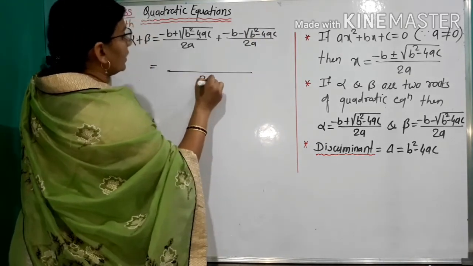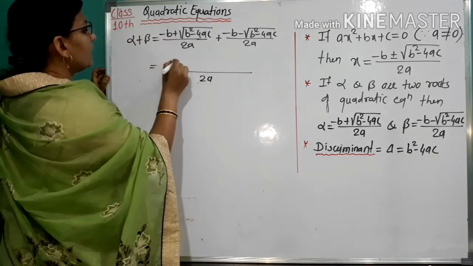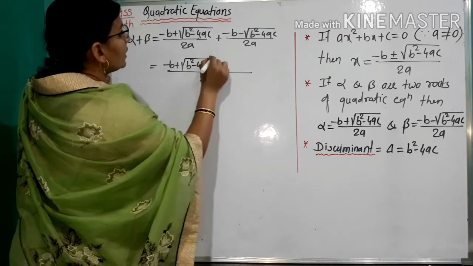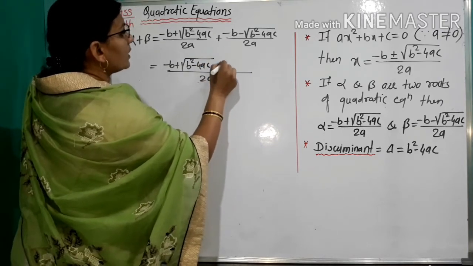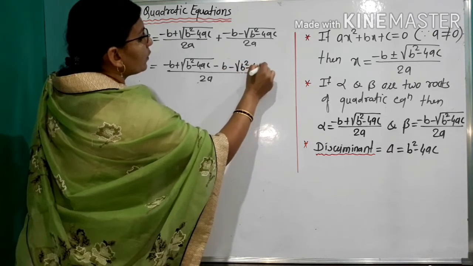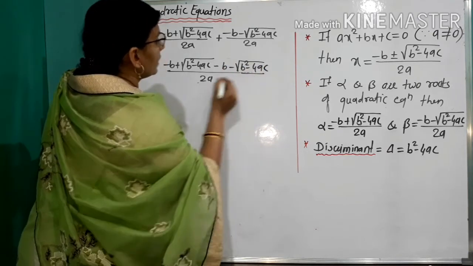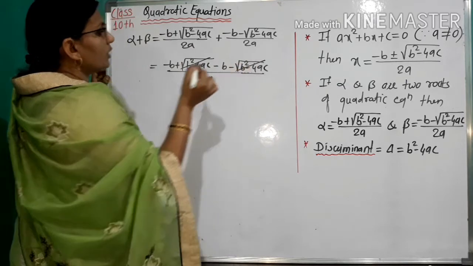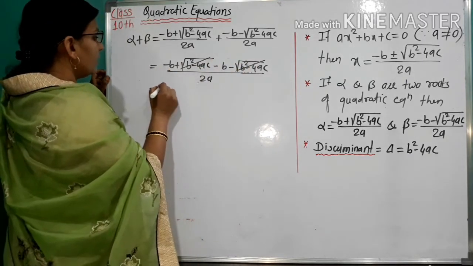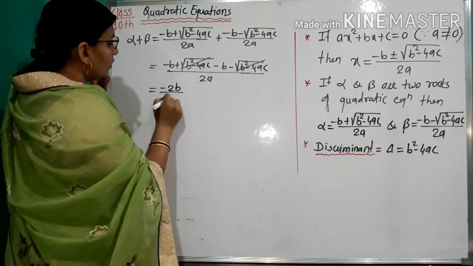Here adding this, minus b plus square root of b square minus 4ac, minus b minus square root of b square minus 4ac. These two terms cancel, that is minus 2b upon 2a.